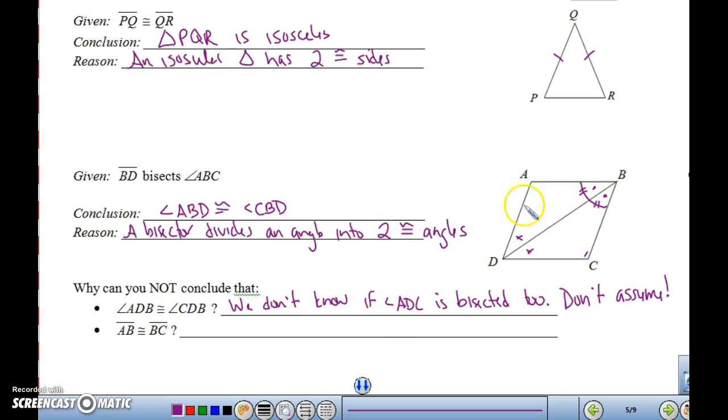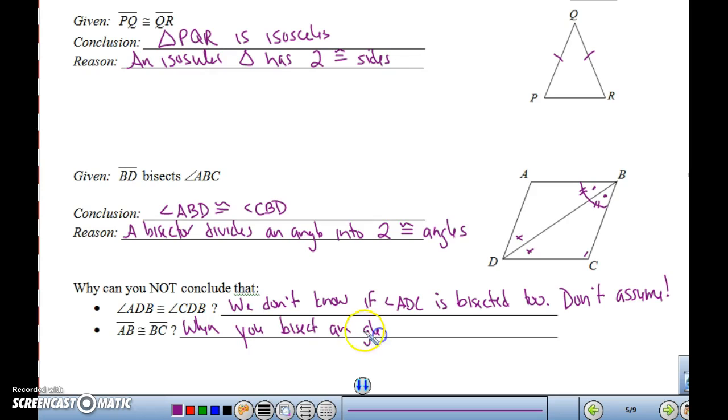Okay, now, also, if this is bisecting this angle, does it do anything to the segments AB and BC? Is AB congruent to BC? No, we're not cutting a segment in half, we're cutting an angle in half. When you bisect an angle, you get two angles, not two segments.